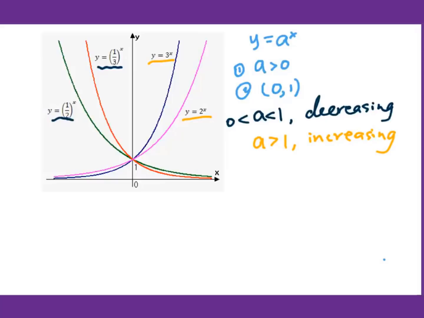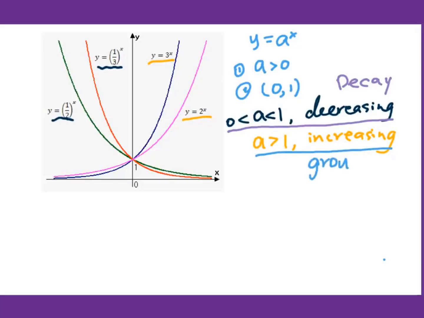We have another name for a decreasing exponential function, that's decay. And for an increasing function, we see the growth, exponential growth.